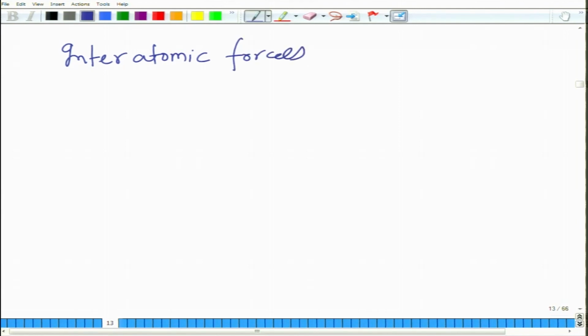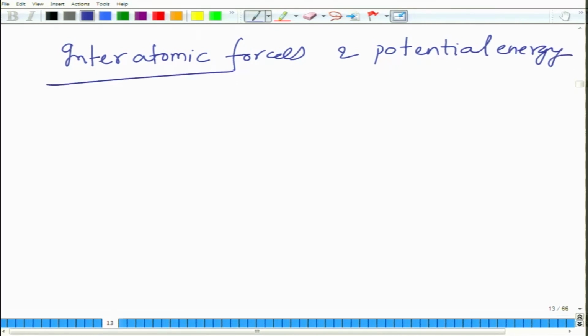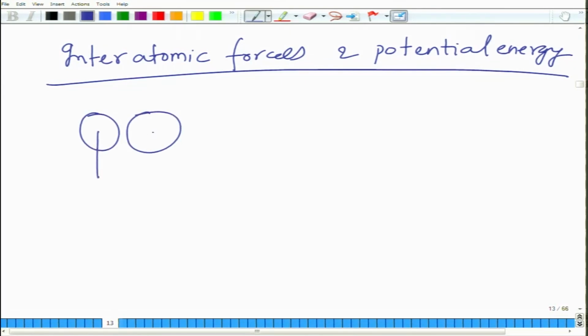I am covering this very fast because this is not the basis of this course, but you must know this, that is why there is a recap of interatomic forces. When you bring two atoms together, these atoms are located at a distance r, which is the equilibrium distance. What is the significance of this equilibrium distance?